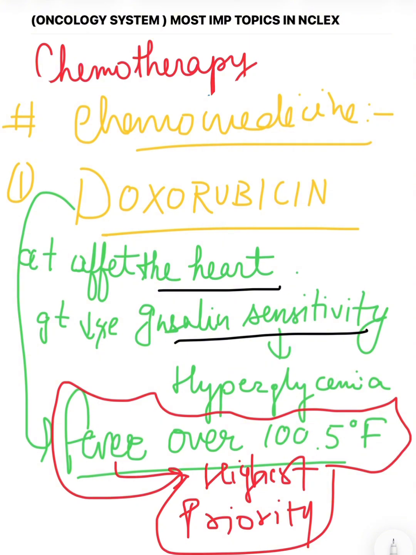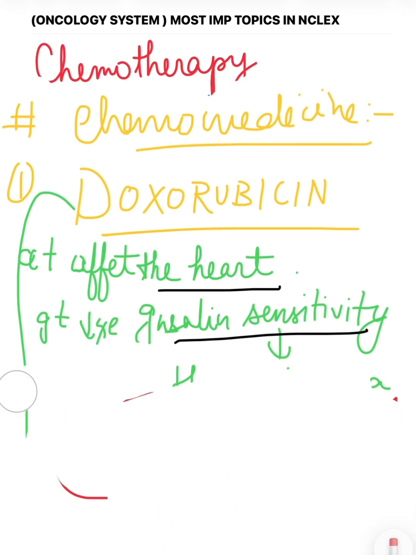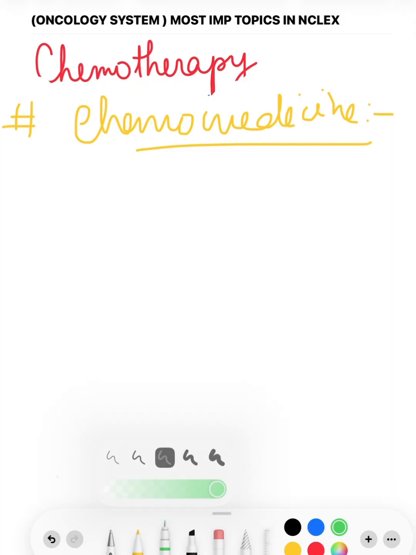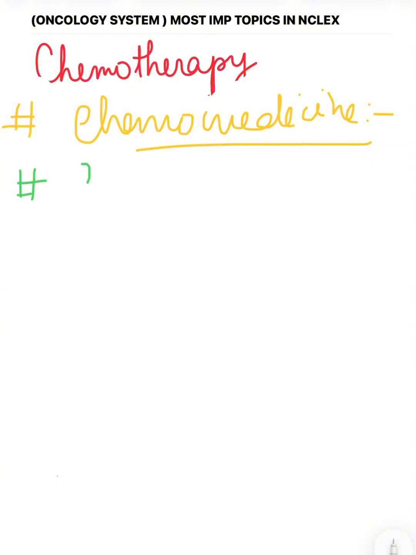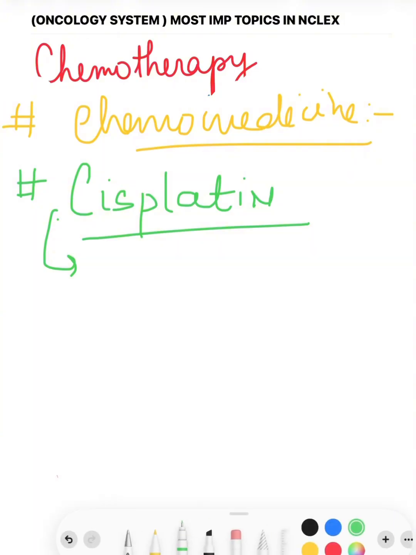The next medicine is cisplatin. This drug comes under chemotherapy medicines. Cisplatin is a nephrotoxic and ototoxic drug.